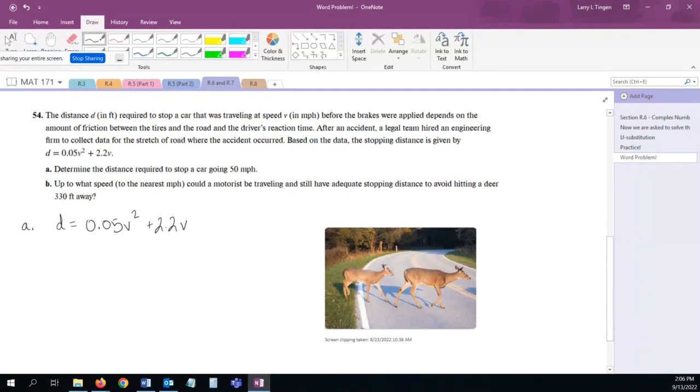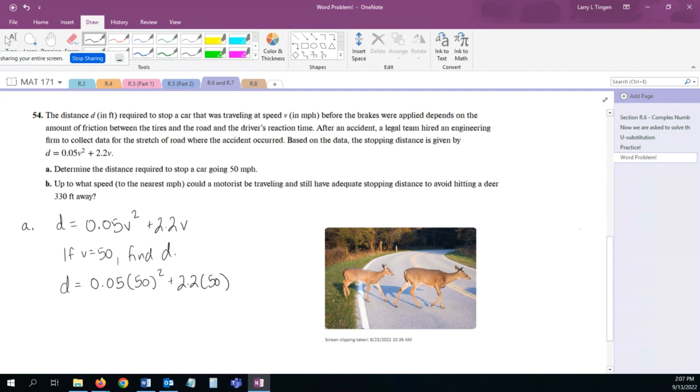Okay. So this is the equation. I want to know how far, what's D if the speed I'm going is 50 miles an hour. Well, that just means if V equals 50, find D, right? We haven't seen a problem like this before where I just give you a quadratic, but instead of saying solve the quadratic, I'm just saying here's the value for the variable that's in there.